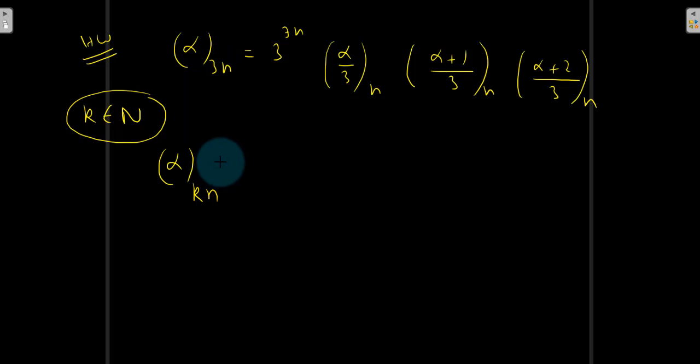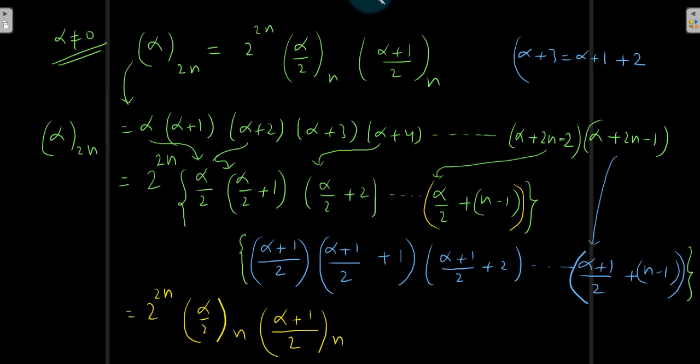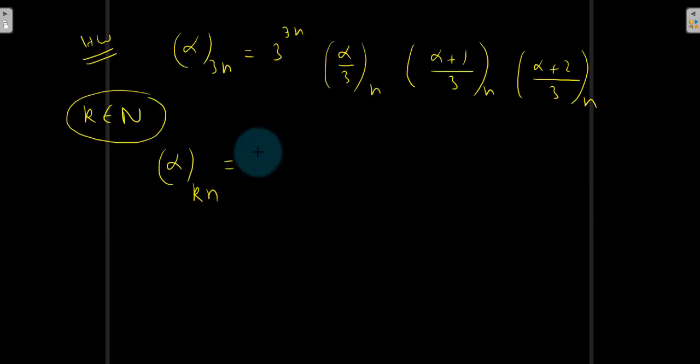So in general, for k being any natural number, you can directly prove the following. Here you got 2 to the power 2n, and now you're getting 3 to the power 3n. So you will in general get k to the power kn, and since there are total kn brackets, you will get n brackets, n brackets, n brackets, k times. n multiplied by k is again kn.